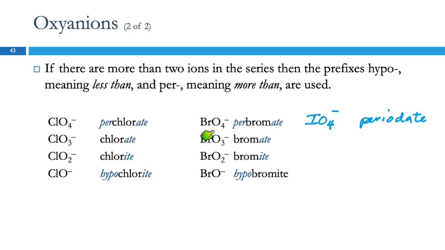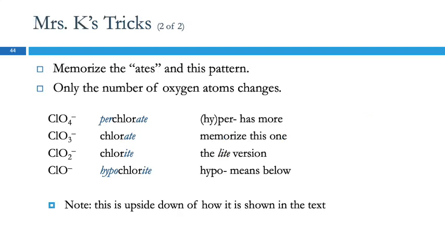So you change the element that's with the oxygen, and you change this main part of the ion name for the part of the element name. So this is kind of a summary slide. And so this is what I recommend. Memorize the 8s.